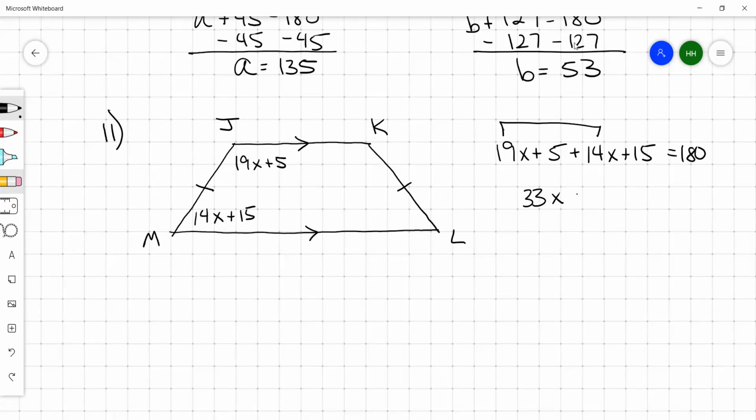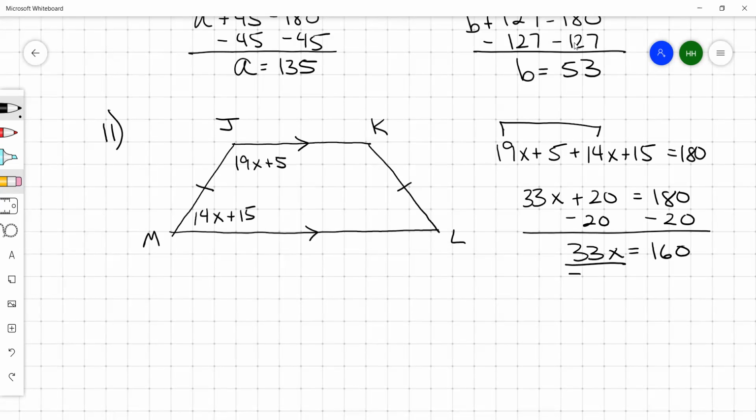So 33x plus 20 equals 180. 33x equals 160. Divide by 33. And x equals, we're going to stop right here.